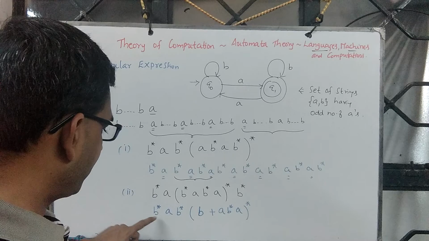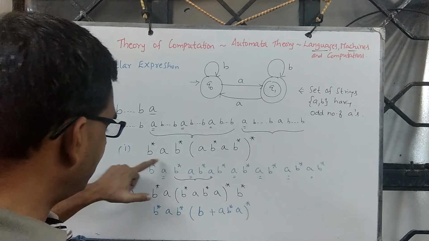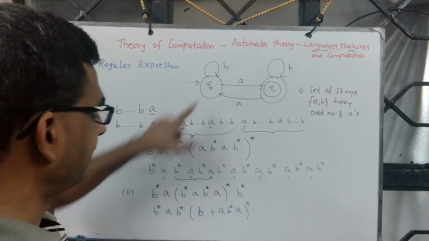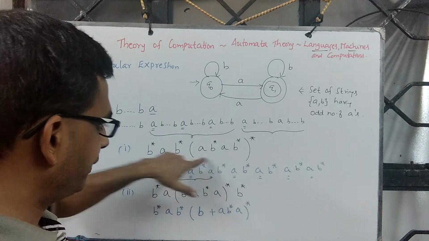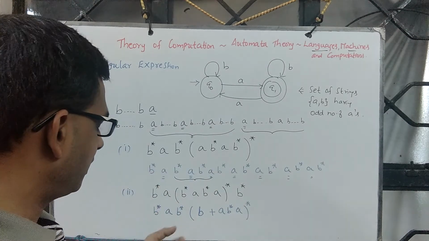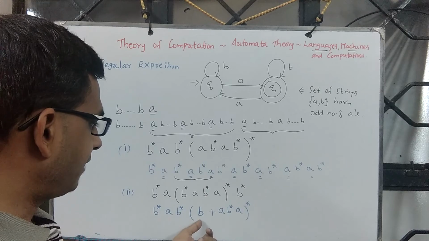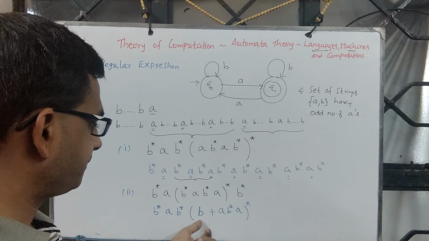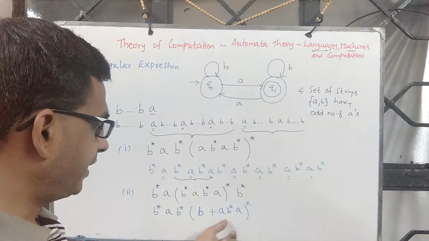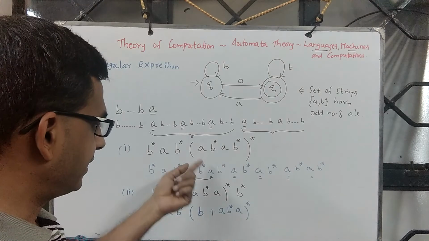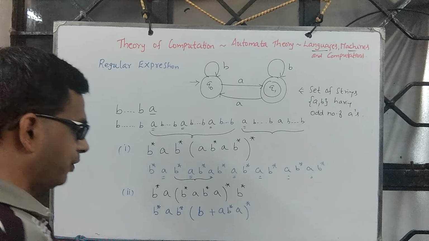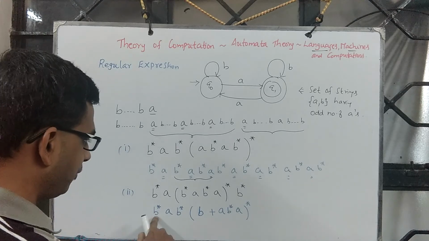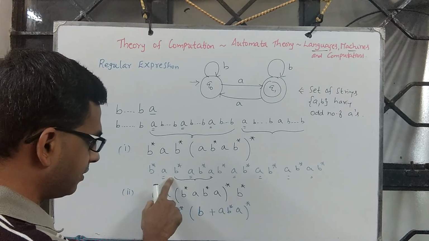So now B star A, B star is the basic pattern. After that, you get to see that you have so many B's, or you repeat this pattern. What pattern is it? A, B star, A. Now look at it this way. Now B star A, B star.